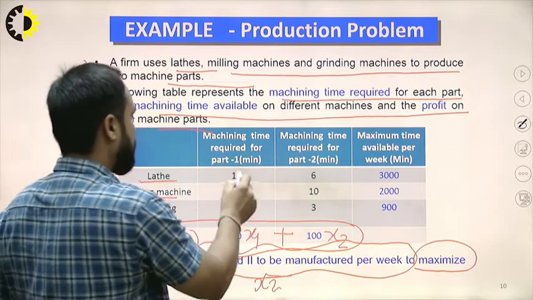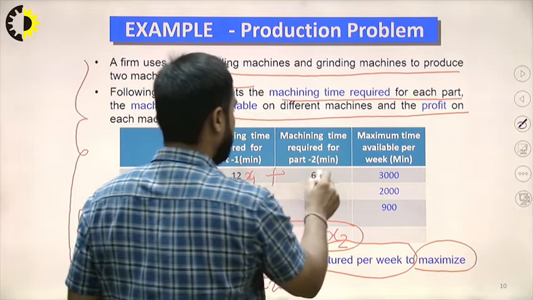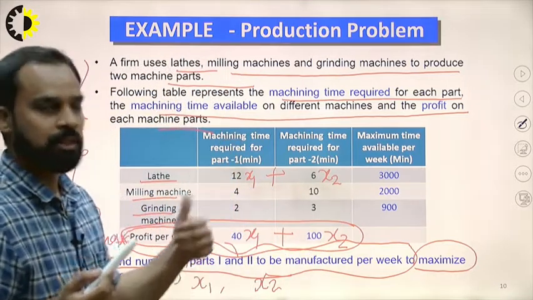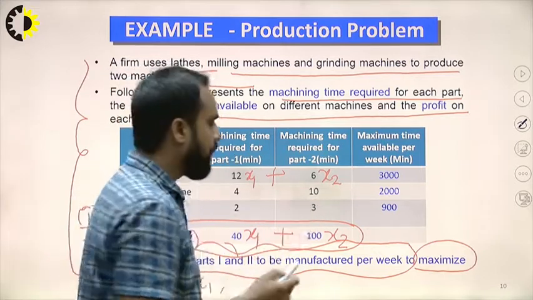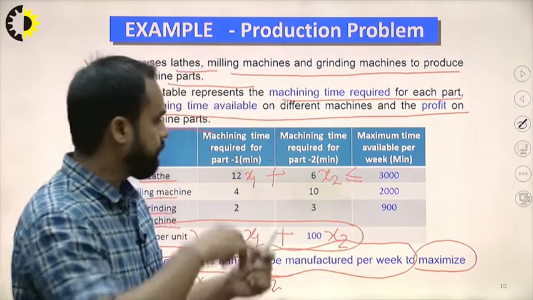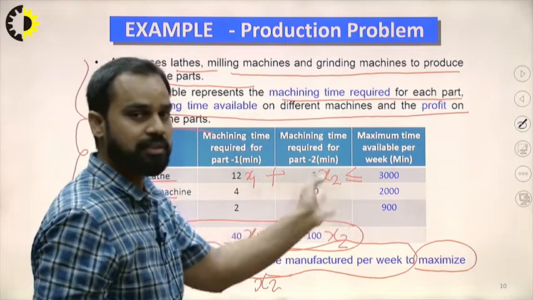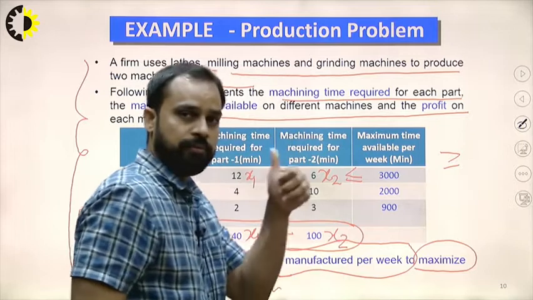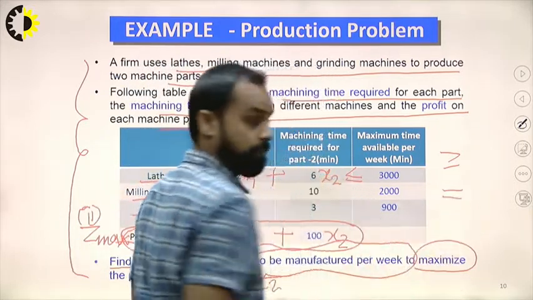So the lathe machine requires 12 x1 to produce part 1 plus 6 x2 for part 2, and the maximum available time. The question indicates the maximum. Whenever the maximum is represented, always consider a constraint of less than or equal to. If the minimum is given, always consider a constraint of greater than or equal to type. If there is exact, then you can consider a constraint of equality type.